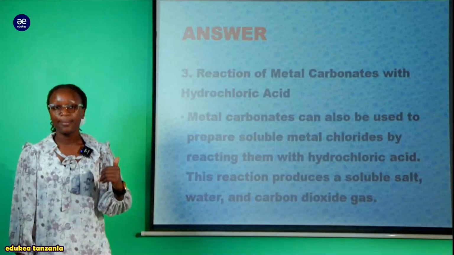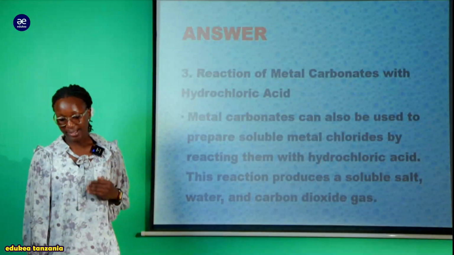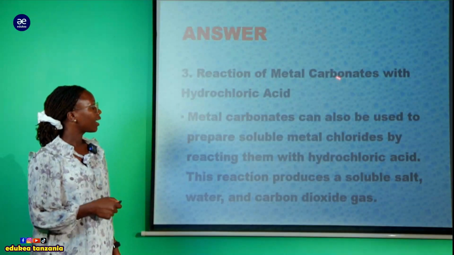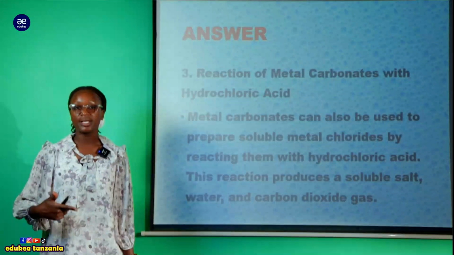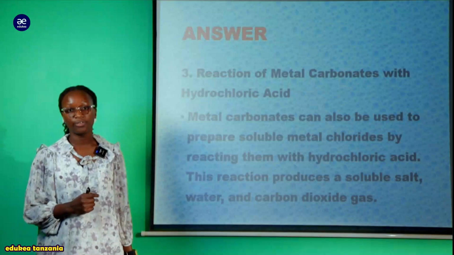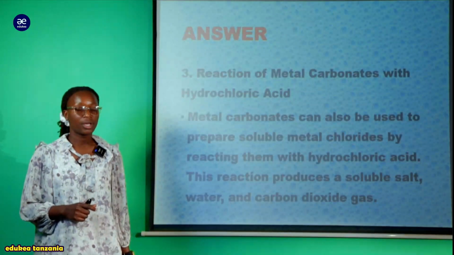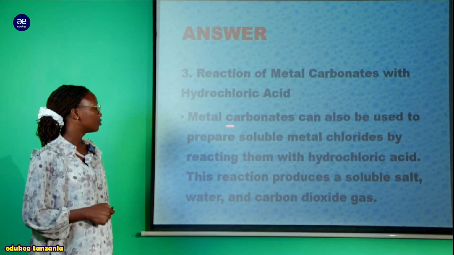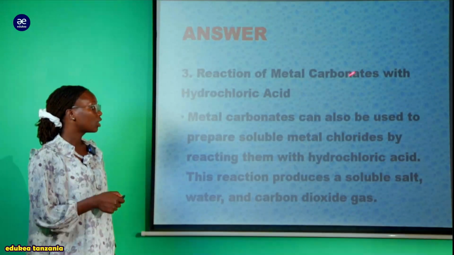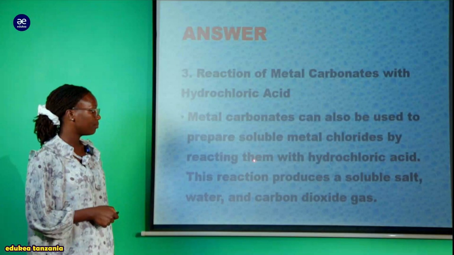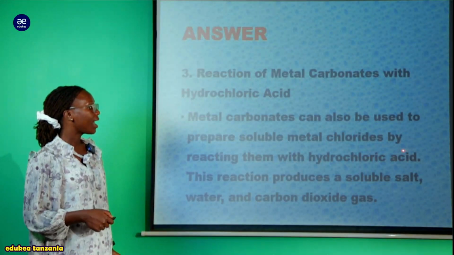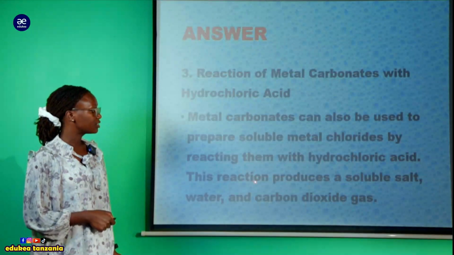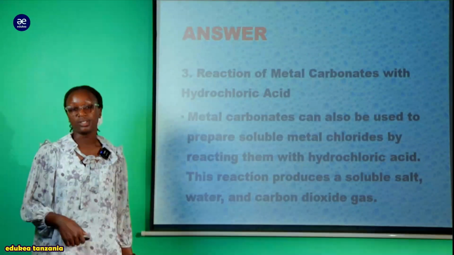Reaction of metal carbonate with the hydrochloric acid. So you can see how metal carbonates, when reacting with HCl, can give us the metal chloride. Now we can see that metal carbonates can also be used to prepare soluble metal chlorides by reacting them with hydrochloric acid. So this reaction produces a soluble salt.